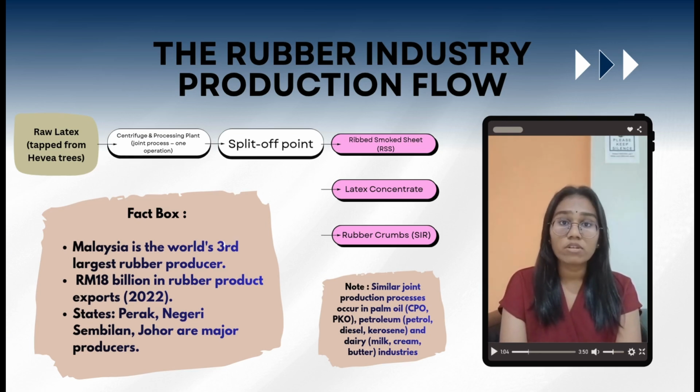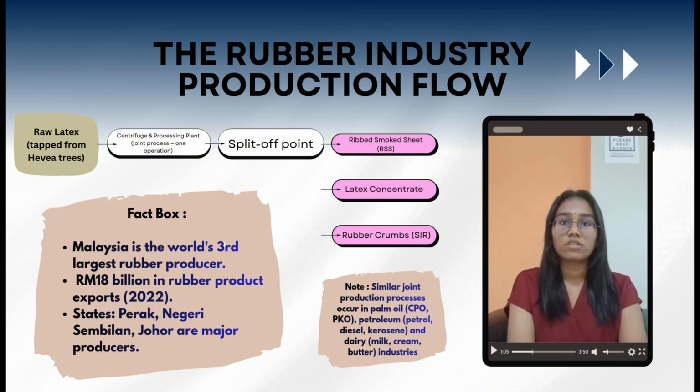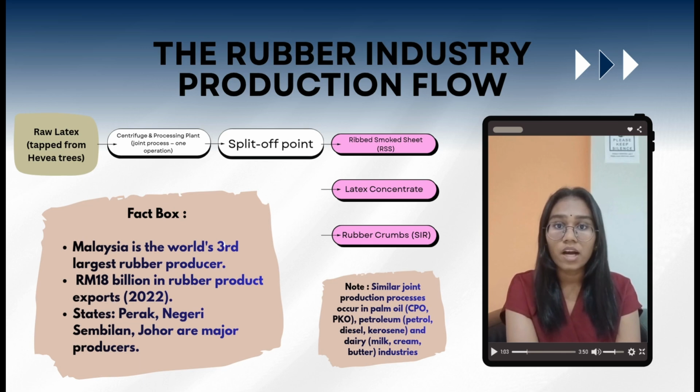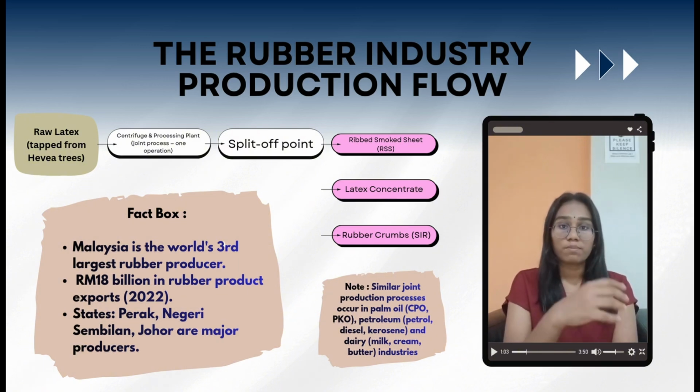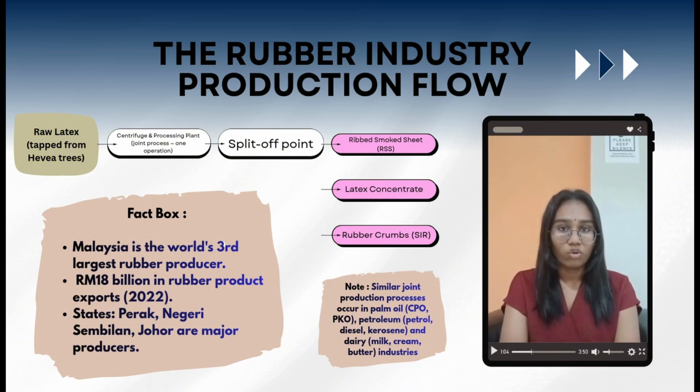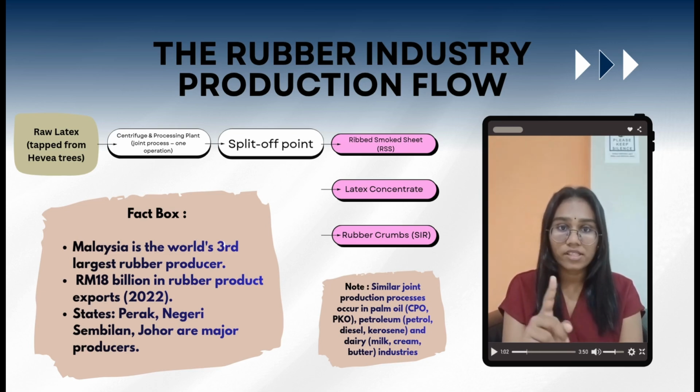Now, for some context on how big this industry is, Malaysia is the world's third largest rubber producer. We exported RM 8 billion worth of rubber products in 2022 alone, and our major producing states, which are Perak, Negeri Sembilan and Johor, are all running this exact same joint production process every single day.